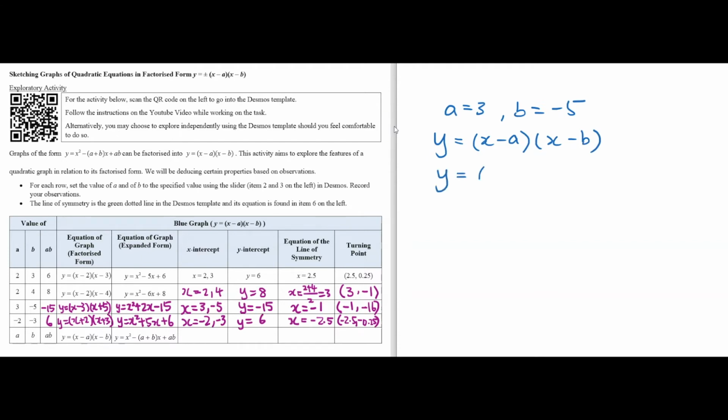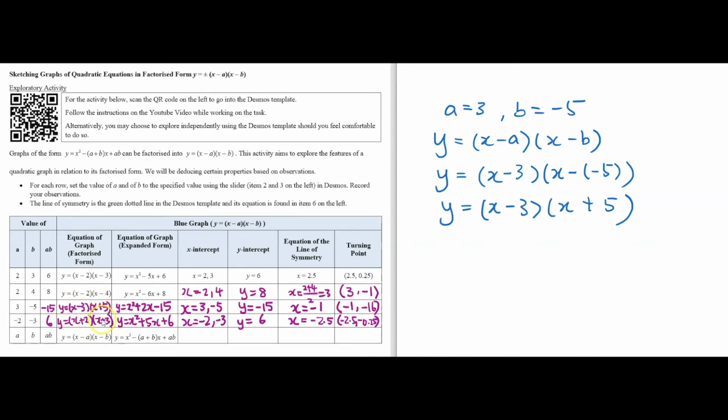If a equals 3, I have x minus 3. If b equals -5, I have x minus -5. So be careful here. What I actually should have is x minus 3 multiplied with x plus 5. Be very careful about this.